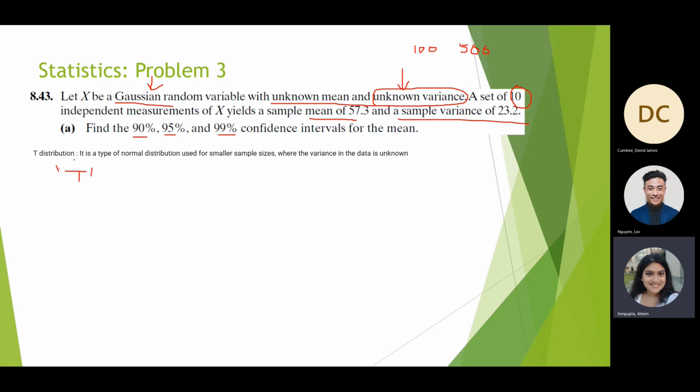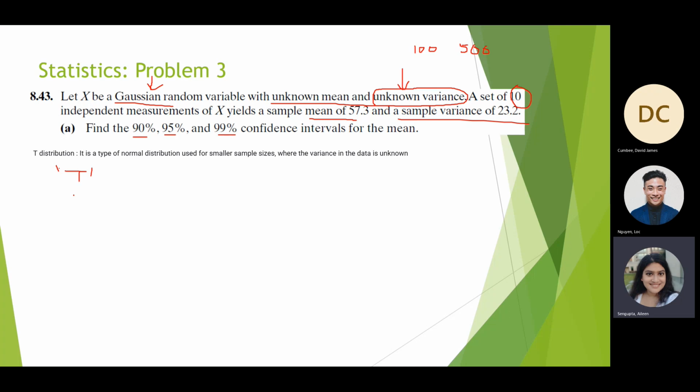Again, this is not hardcore truth, but it's a type of normal distribution where smaller sample sizes are involved, and of course, the variance has to be unknown. If the variance is known, then it has to be the z distribution. But when the variance is unknown, along with a sample size of 10 or lower, where the sample space is very small, it points to the t distribution. Just an interesting observation.